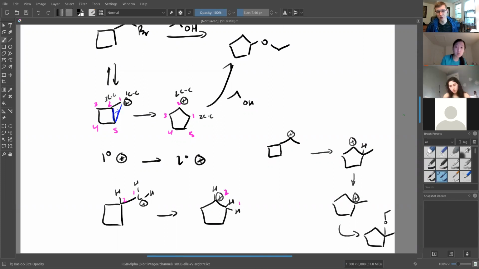Ring strain is kind of what you want to do, because a 5-membered ring is just so much better than 4. But I'll look and see what they normally want.